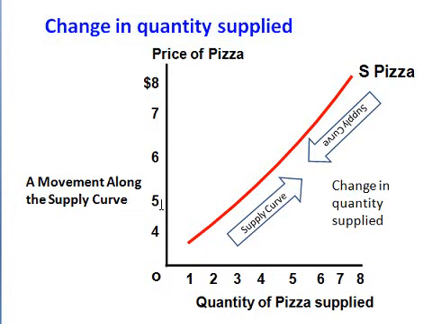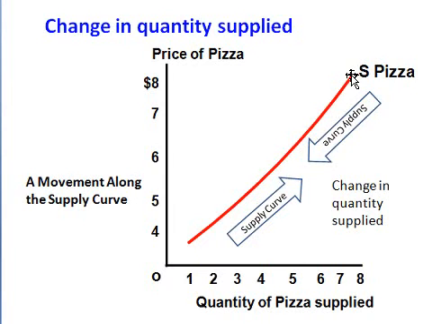And here, when the price goes up, suppliers supply more, and when the price drops, suppliers supply less. That means whatever is happening, it is happening on the line, on the supply of pizza. The supply curve is not shifting right or left.